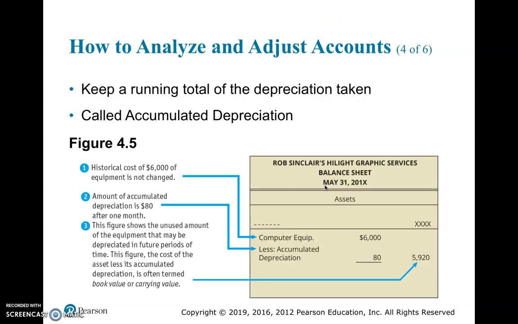And so if you look at the balance sheet, you will see the computer at its original cost, and below it we always show its accumulated depreciation, which is how much of the original cost so far has been used up in the business, and the remaining amount, 6,000 minus 80 in this case, is called the book value or carrying value, meaning in our books, what is the remaining value of the asset?